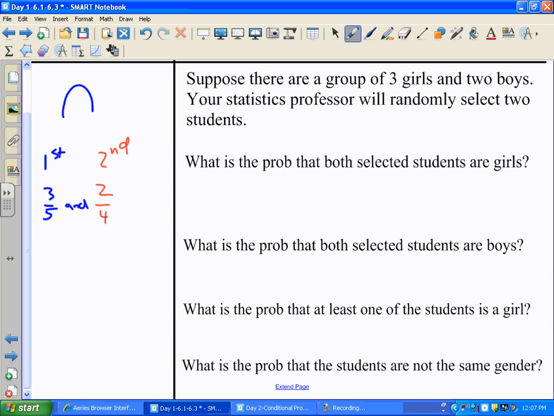What you do when you're looking for the intersection of independent events is you multiply those probabilities together. Okay? So this will be 3/5 times 2/4. And some of you guys already knew that. I think you might have had a homework assignment problem on it. We can reduce here, and that will give us 3 out of 10.